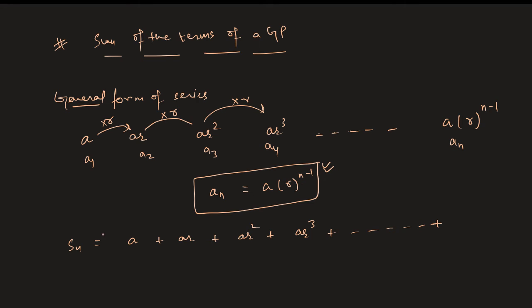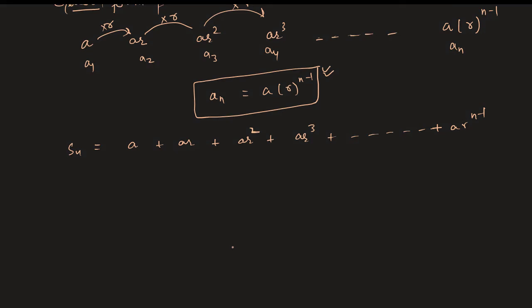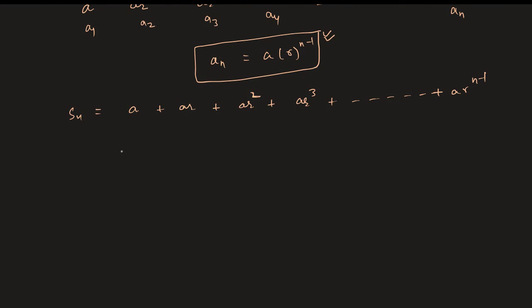Okay. Now the thing that comes over here is the sum of n terms. Now this part, the last term would be a r to the power n minus 1. Okay. Now what we are doing over here is figuring out how to calculate the sum of n terms.